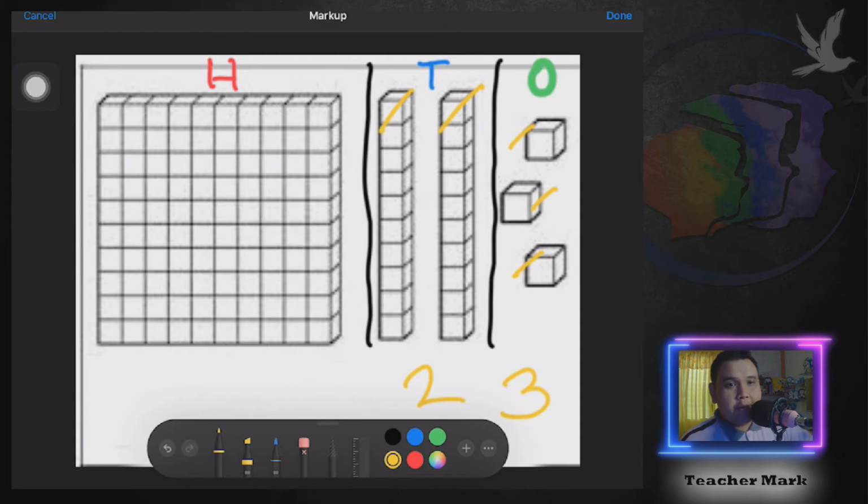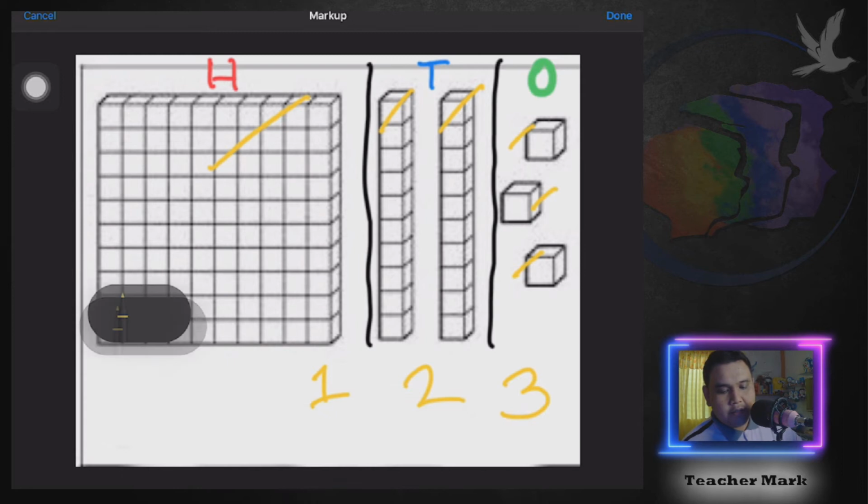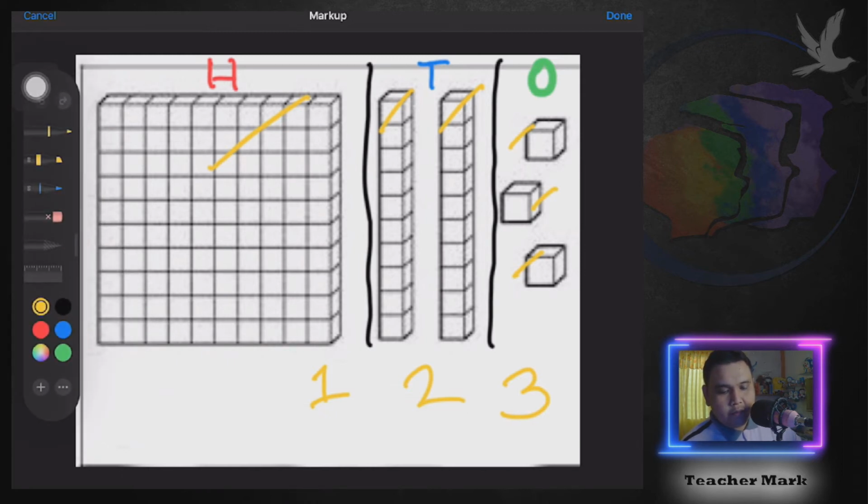Now, how about for hundreds? How many units of hundreds do you see? We only have 1, which means we have 1 unit of hundreds. In this case, we are going to read this as 123.